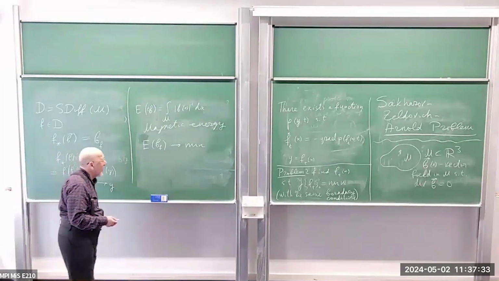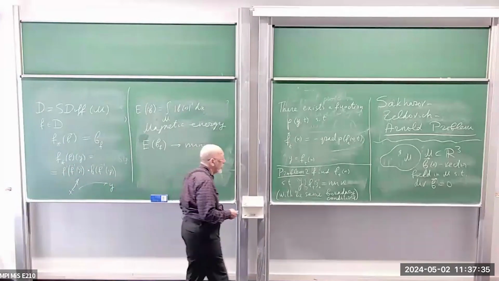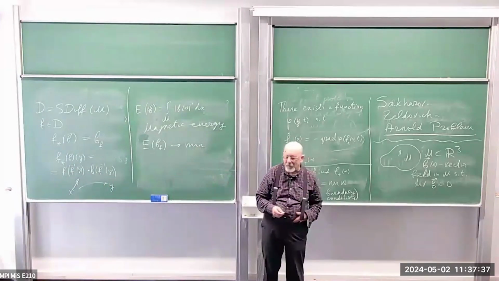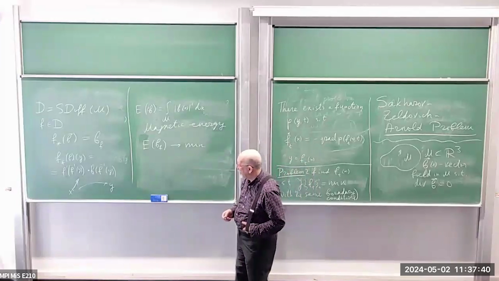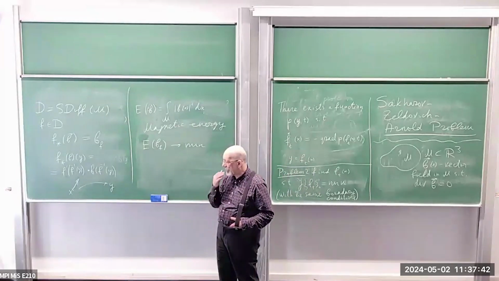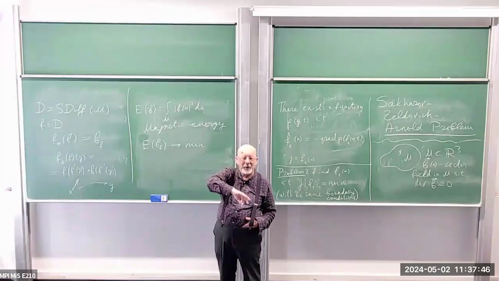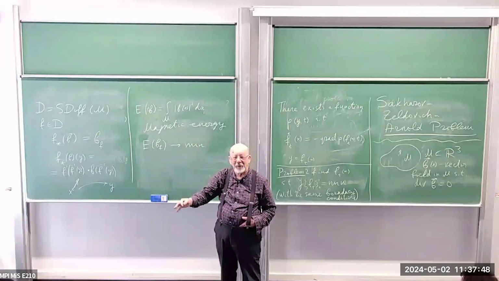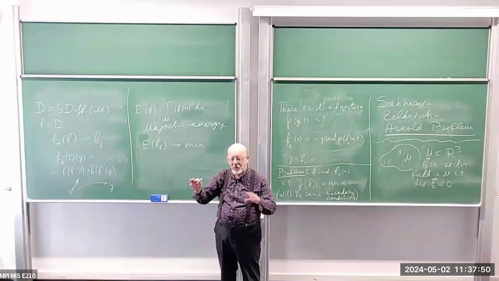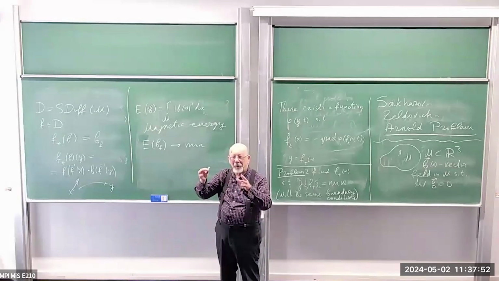Or it is the solar corona, where we have things like prominences, arcs of magnetic lines, and it also wants to assume a configuration of least energy.